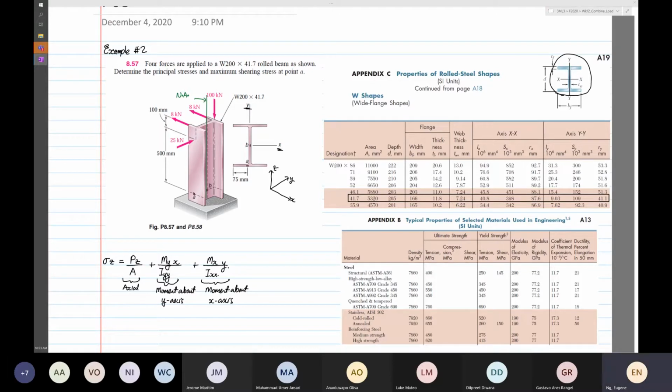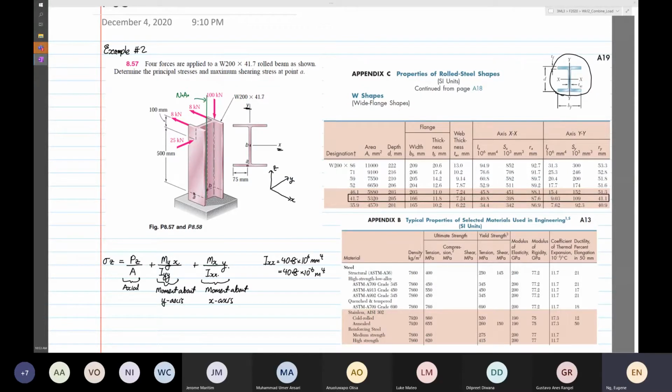The good news is the Ixx and Iyy values are given. Can you all see that? So we know that Ixx is equal to 40.8 times 10 to the power 6 millimeter 4, which is also equal to 40.8 times 10 to the power minus 6 meter 4.